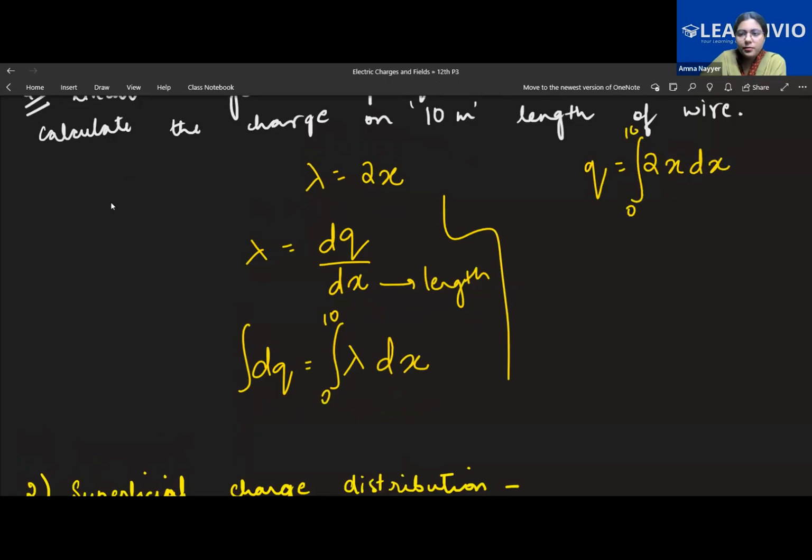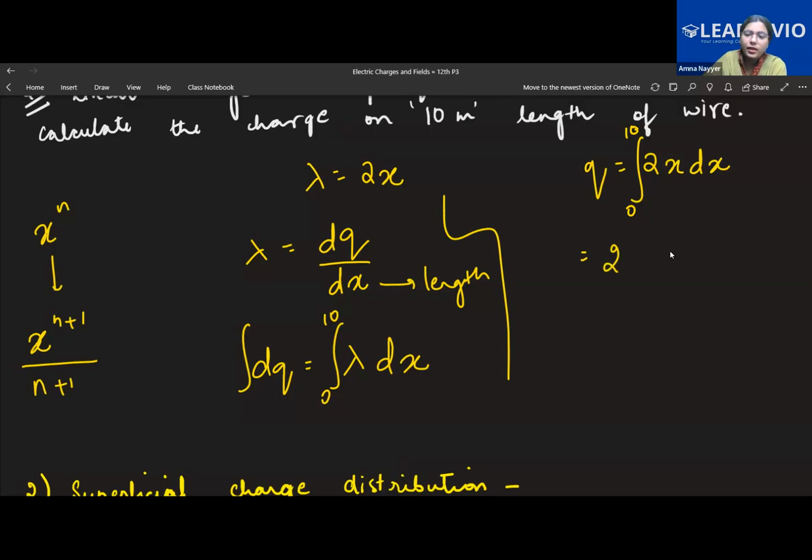Now look, just a brief of integration right now, I'm doing it quickly, but in detail we'll do it again. When you have a polynomial function, x to the power n is there. You write this as x to the power n plus 1. First step is this. And then you divide it by n plus 1. So here 2 is a constant, x has the power 1.